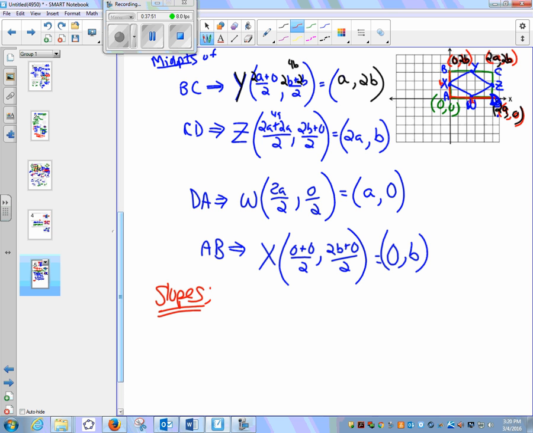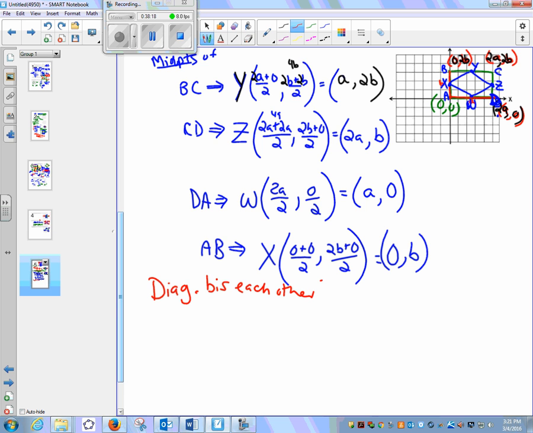You could do the diagonals bisect each other first to show it's a parallelogram, and then prove it's a rhombus because the diagonals are perpendicular. In fact, let's do that because we already did one with all 4 slopes. So let's do it a different way this time. Let's do diagonals bisect each other.